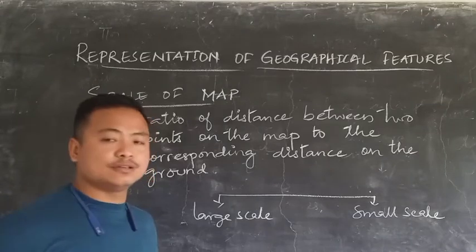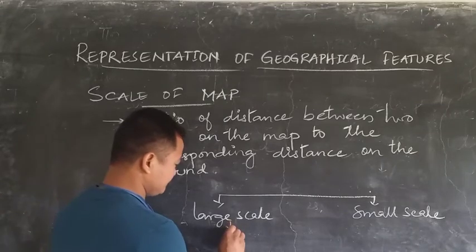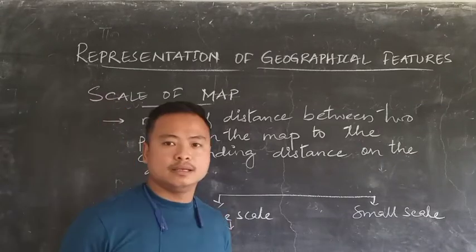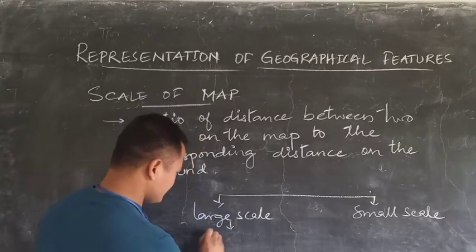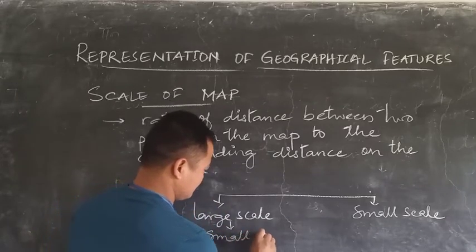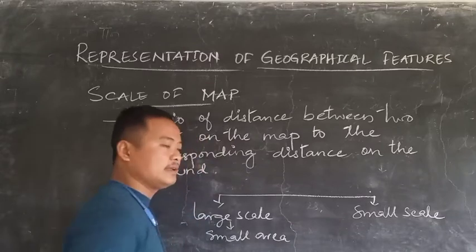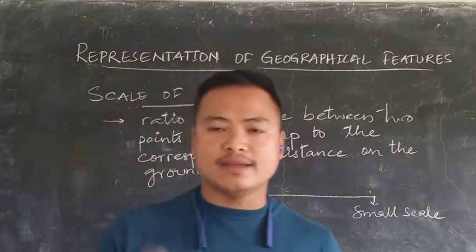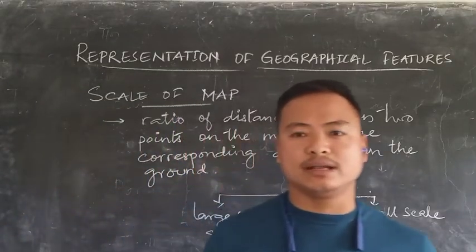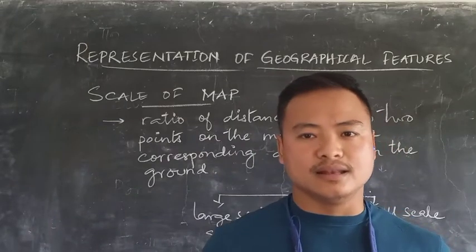The difference between the two is that the large scale represents a small area, giving its details, or everything found in that particular area is detailed in this large scale map.